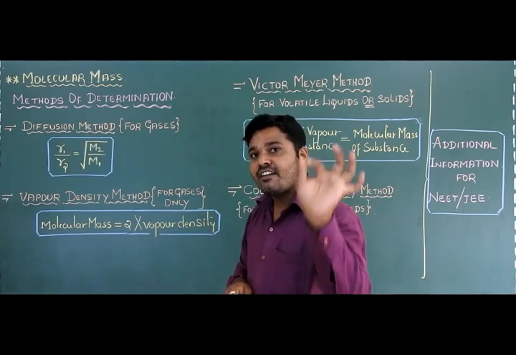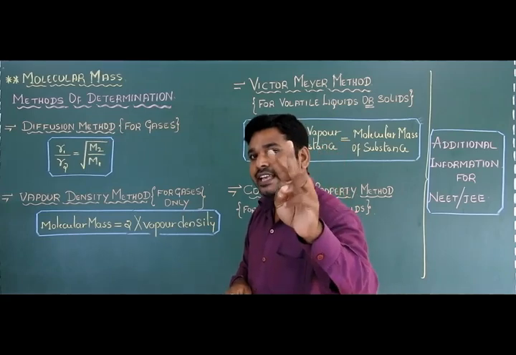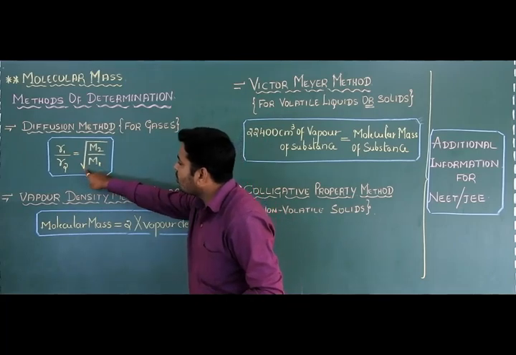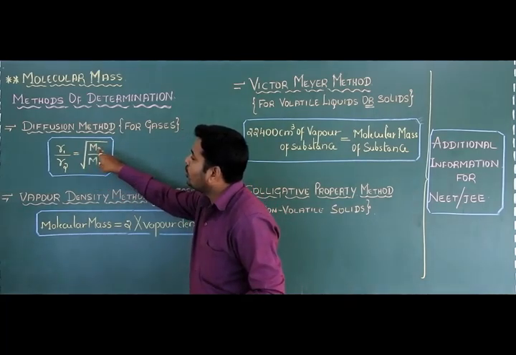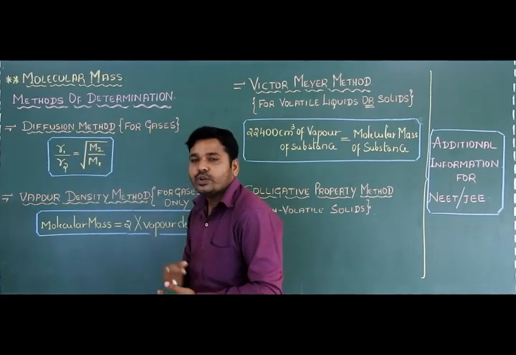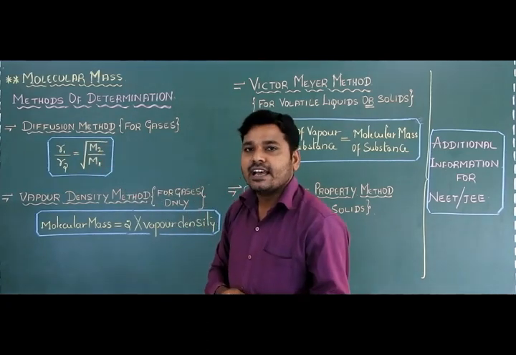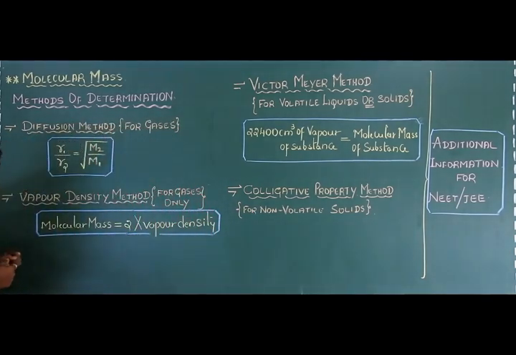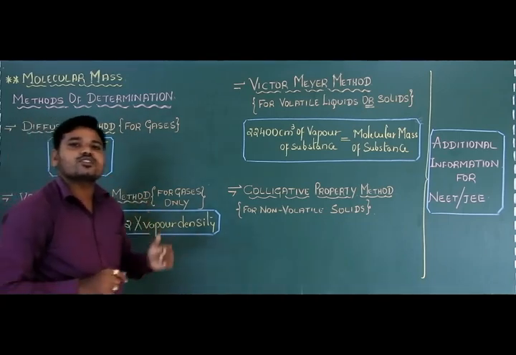The rates of diffusion of two gases is inversely proportional to the square root of their molecular masses. Here M1 and M2 indicate molecular masses, whereas small r1 and r2 indicate the rates of diffusion of two different gases, students.